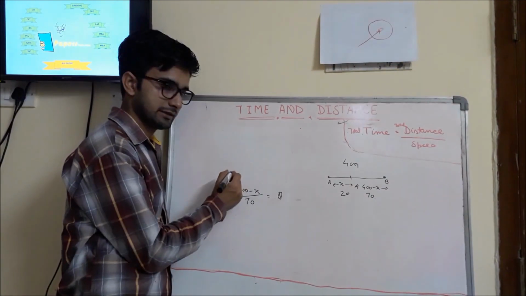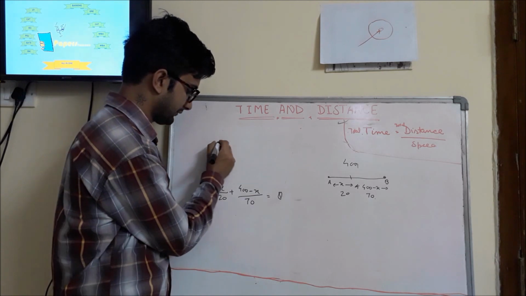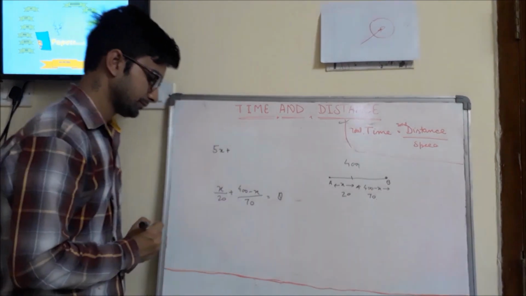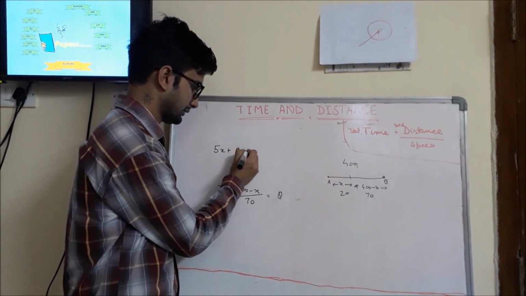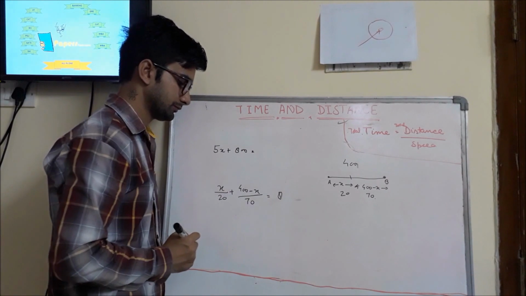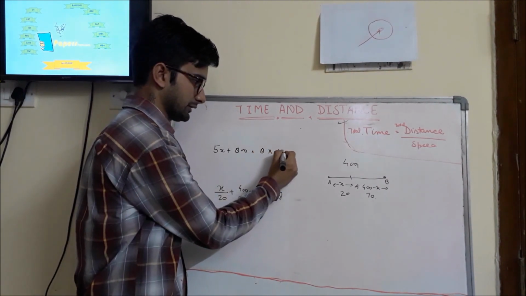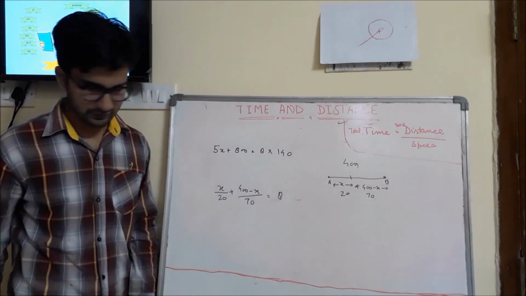If we take the LCM, the total will be 5x plus 800 is equal to 8 multiplied by 140.